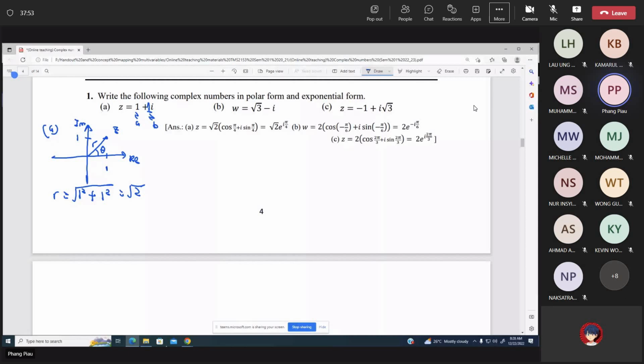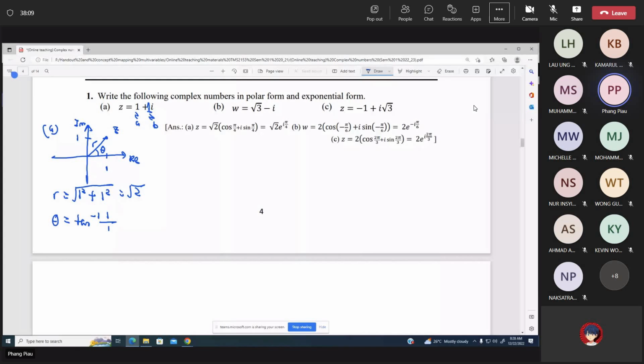Then you obtain your theta. It's very straightforward because theta is actually y over x. So you have your inverse tangent of y over x. Y is 1, and x is 1 as well.